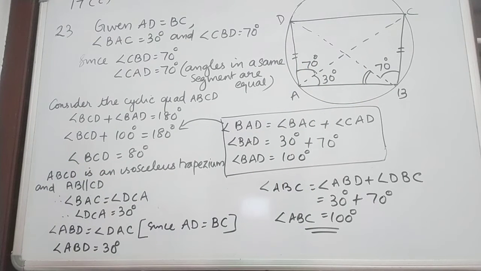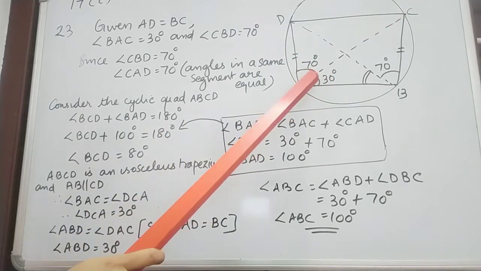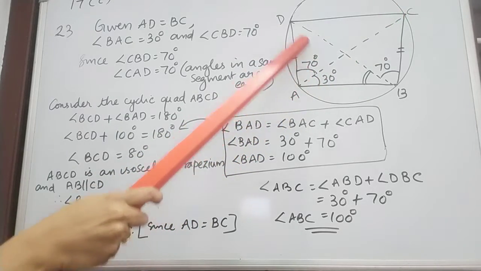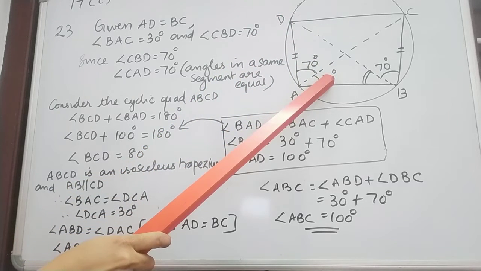Then consider the cyclic quadrilateral ABCD. Angle BCD plus angle BAD is equal to 180 degree. That is, these two angles sum will be 180 degree. We have BAD as 70 plus 30, which is 100.